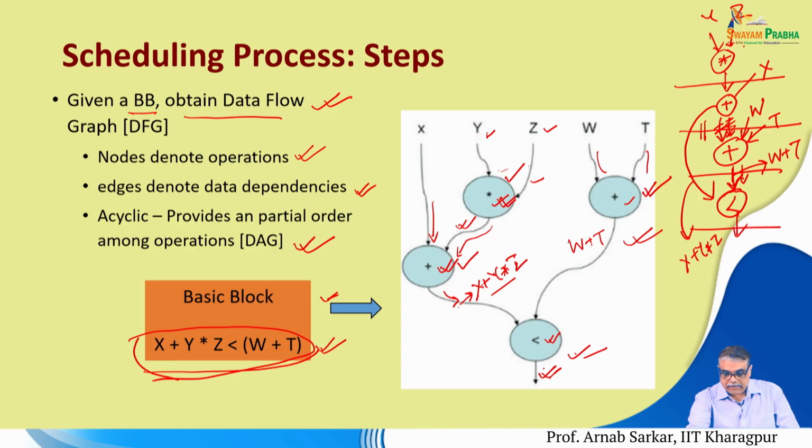In time step 1 we could perform y into z, in time step 2 we could perform x plus y into z, then in time step 3 in the same functional unit we could perform w plus t, and in time step 4 we could perform this comparison operation here, right, and hence this is a correct partial order. Needless to say, there could be multiple other correct partial orders.